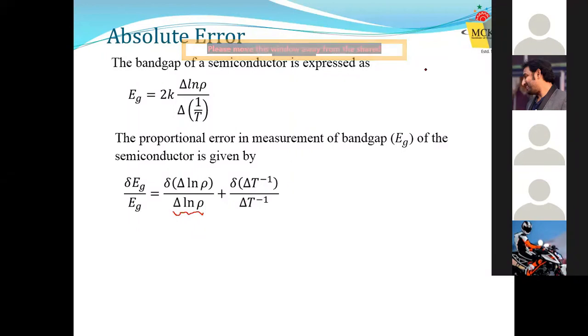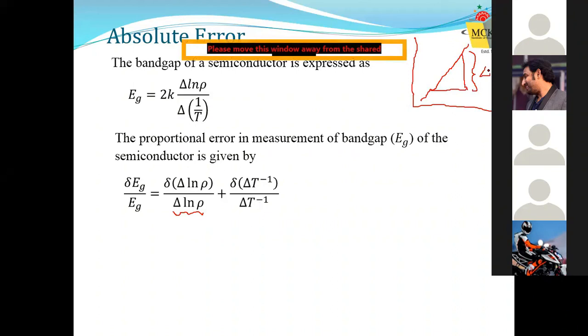If I draw the graph again, please understand, then this was your graph, the straight line part. And if I draw the slope, if I draw the triangle, this was your delta ln rho. And this was your delta T inverse. And you know it already from the graph.